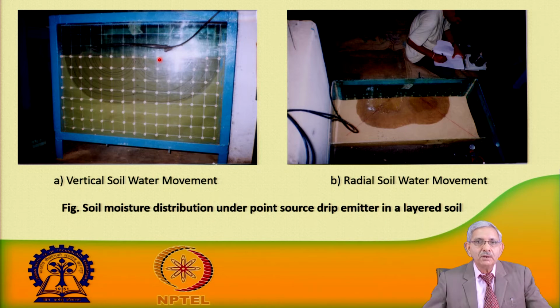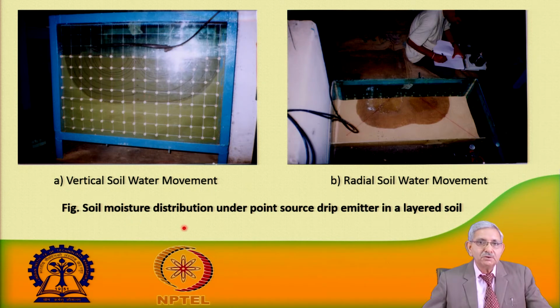Water is moving in the radial direction. This is the surface movement of water, and at the same time you can see how the water is going deeper. The time of operation of a particular size of dripper will depend on the size of the dripper and on the particular type of the soil.